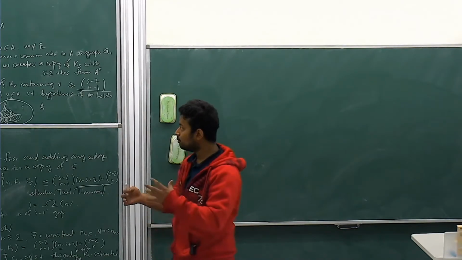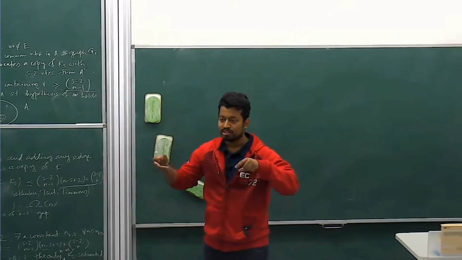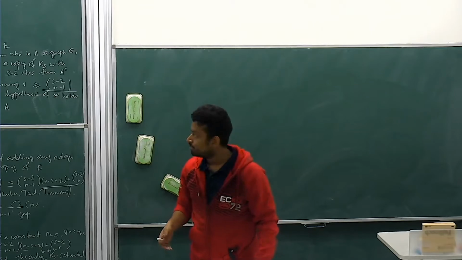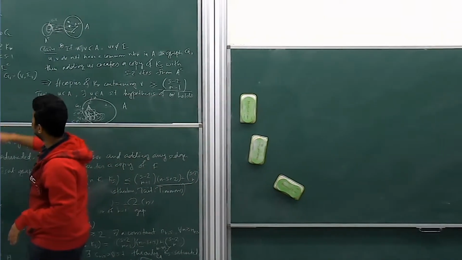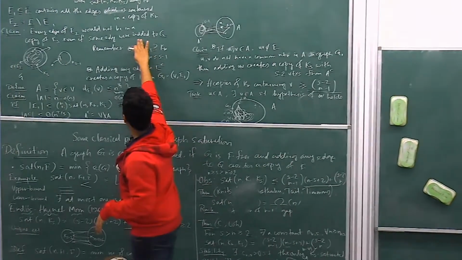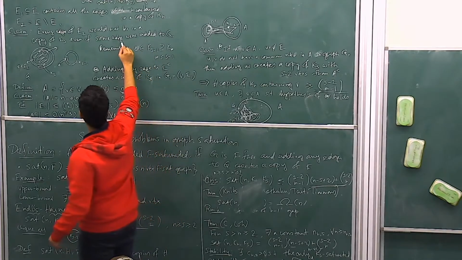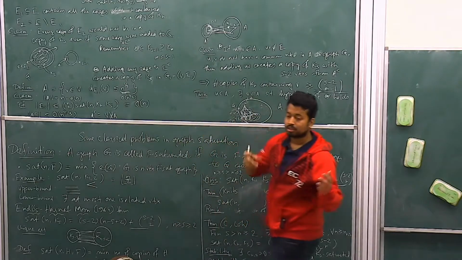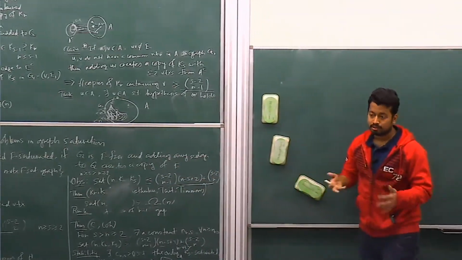Yeah, but adding UV means that if UV is originally an edge in G, then you cannot add that UV, right? So when I say this, that means adding some edge that is in E complemented. It cannot be an edge in either of E1 or E2.